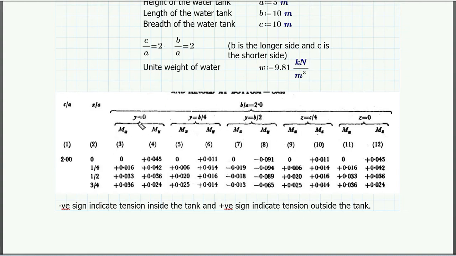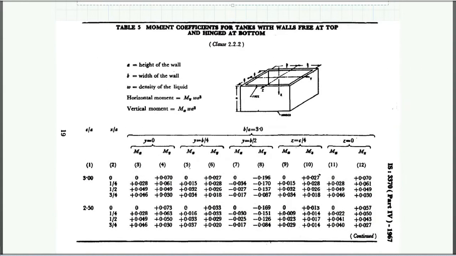So, and also the calculation of the moment can be done. The equation is already given here. See, the horizontal moment can be found out by My w a cube, and the vertical moment can be found out by Mx w a cube. So these are the two equations to find out the moments.